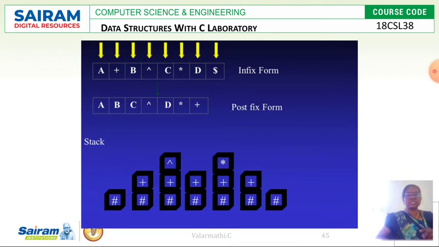If the scanned operator has lesser priority, we should pop the last element of the stack and move it to the output stack. So after A, B, C, power is moved to the output. Then star is added, after removing the power from the stack.